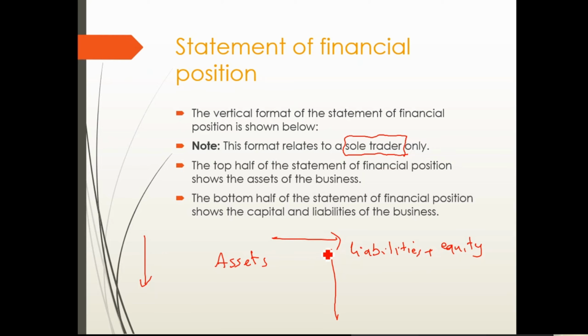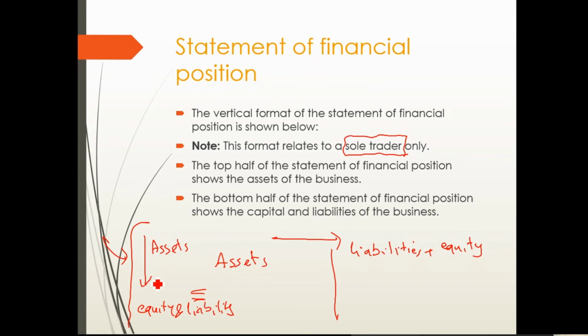The vertical way is we put the assets, we take the result, then we put the equity and liabilities under it. So the vertical way of making the financial position statement is for the sole trader. This is what we are learning in our class.